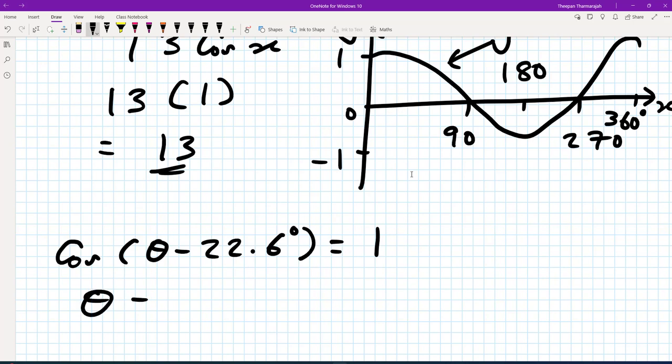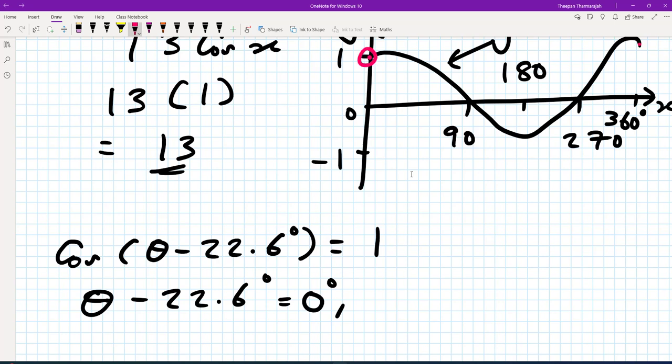Well, we can tell that occurs at the following values. It occurs at 0 degrees. That's where it's 1, as in here.